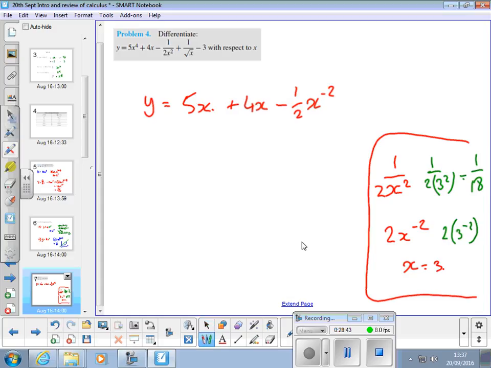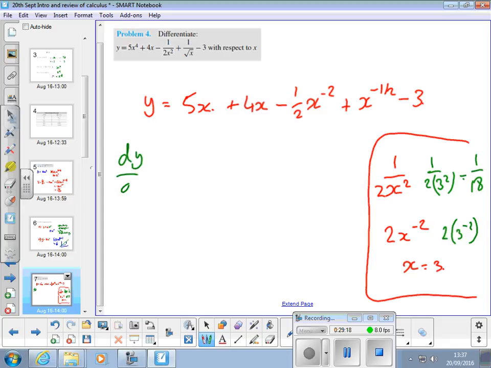Yeah, because it's 1 over root x, so we'll do plus x to the minus a half, and the minus 3 will, what happened to constants? But we're only rearranging it at the moment. Okay, so we do that. Yeah? Now we can differentiate.